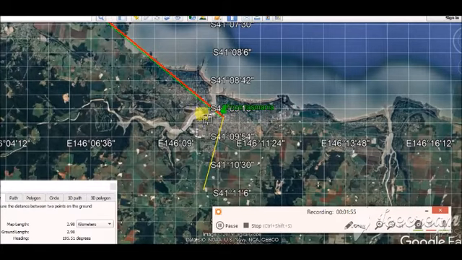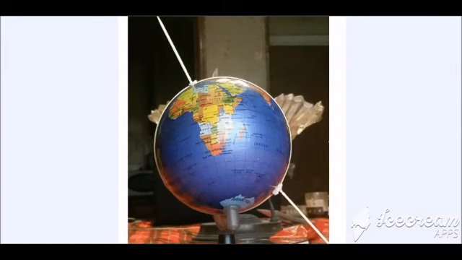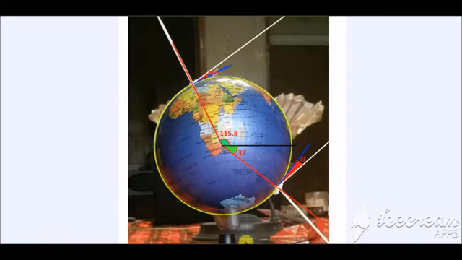So I took an image of my globe model here, and I marked UK and Tasmania, and of course, this is very delicate. I could go off by 200 kilometers if I wasn't very careful. And then I connected from the center of the Earth, or the circle.